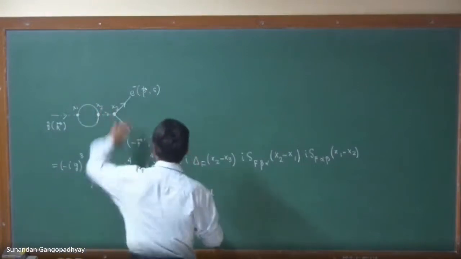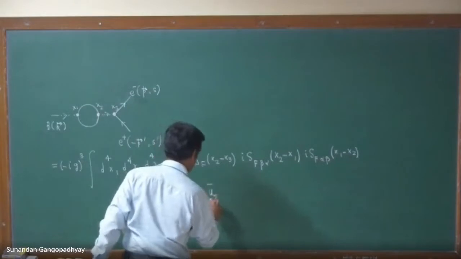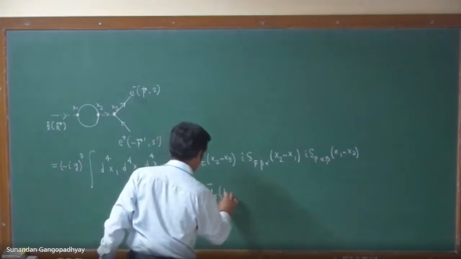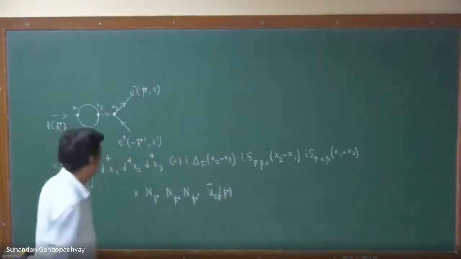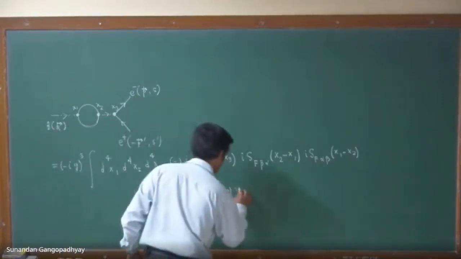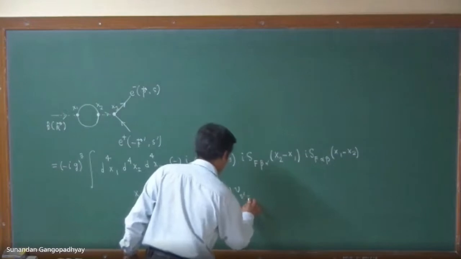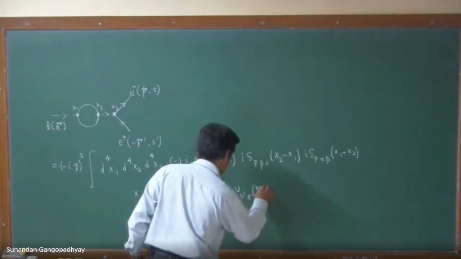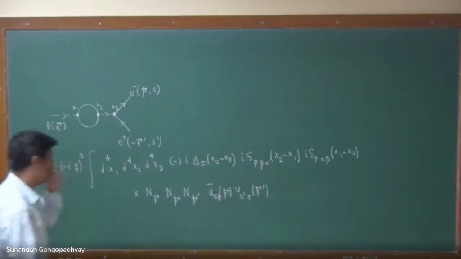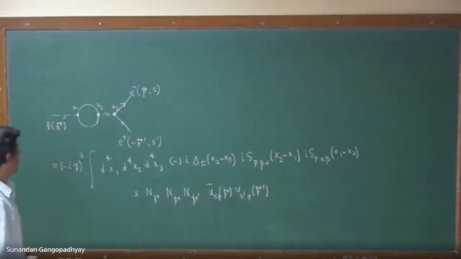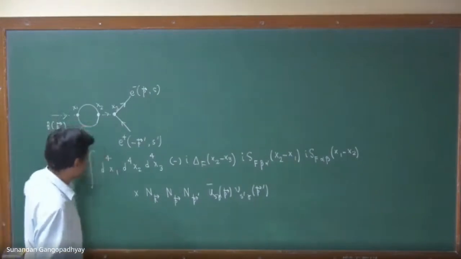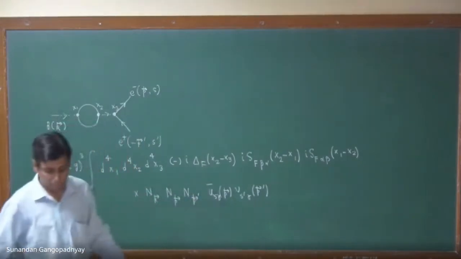Therefore, for the electron we will have u bar, gamma, and the positron is v prime. This is the full expression for this diagram. We have written this expression by applying the Feynman rules in position space.